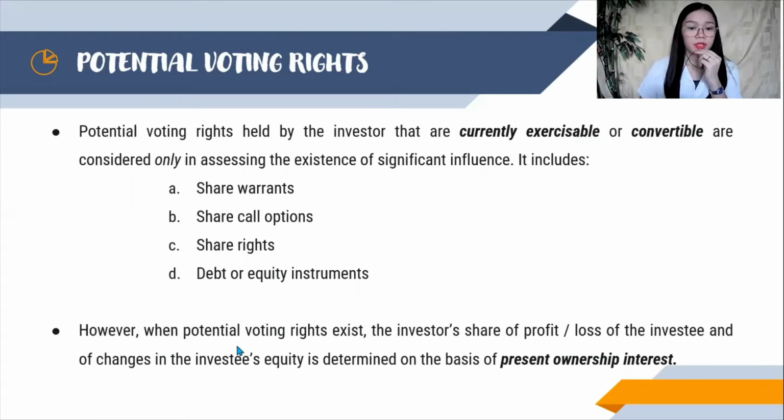However, when potential voting rights exist, the investor's share of profit or loss of the investee and of changes in the investee's equity is determined on the basis of present ownership interest.